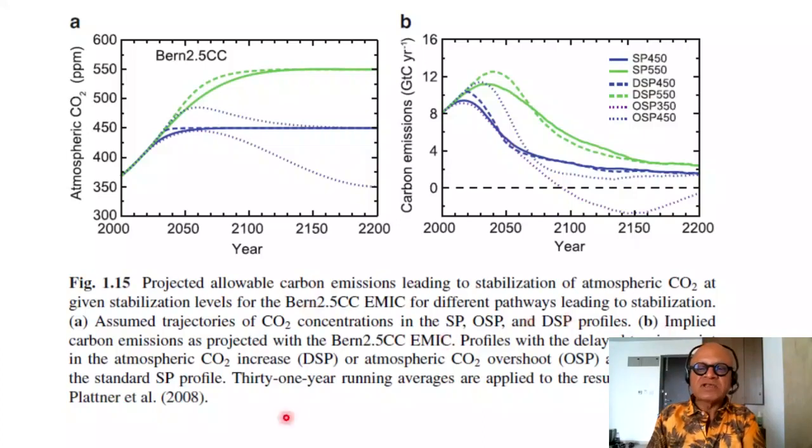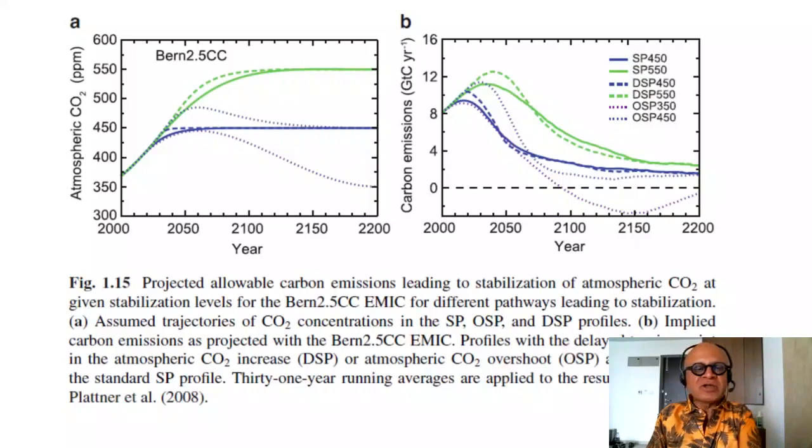For different pathways leading to stabilization, assumed trajectories of CO2 concentration in the various profiles of scenarios, implied carbon emissions as projected with the Bern 2.5CC EMIC. What happens in EMICs is that the processes are simplified, focus is much more on carbon cycle, for example, and feedbacks rather than on the details of the climate itself. But let's not worry about it right now.